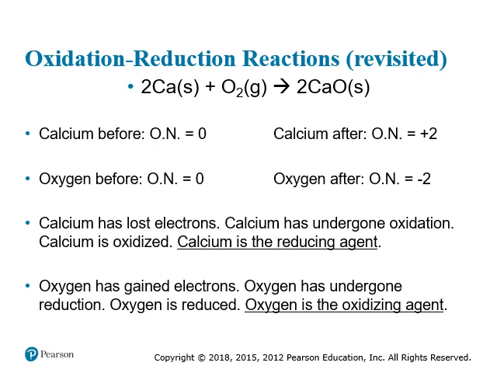So as a result of this reaction, we see that calcium goes from an oxidation number of 0 to a positive 2. Calcium is becoming more positive. Oxygen is undergoing a change in oxidation number from 0 to minus 2. Oxygen is becoming more negative.